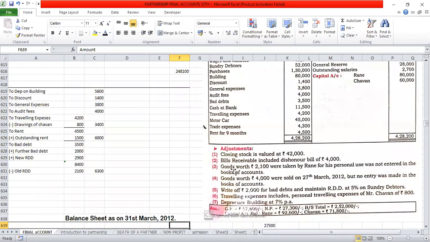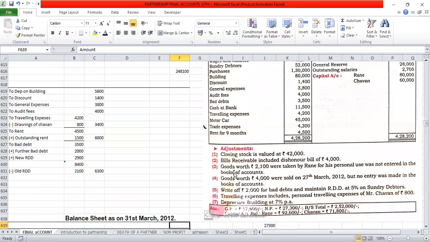The third adjustment says that goods worth rupees 2,100 taken by Rane for personal use were not entered in the books of account.